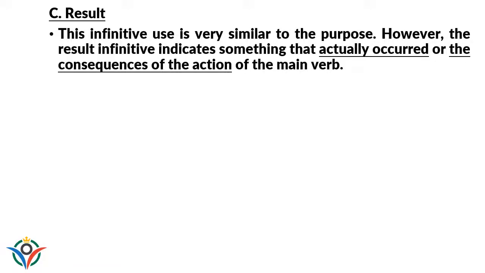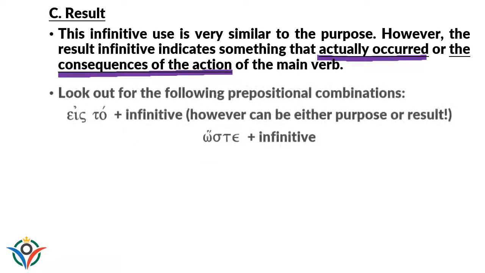Let's now take a look at the third adverbial use, the result use of the infinitive. This infinitive use is very similar to the purpose. However, the result infinitive indicates something that actually occurred or the consequences of the action of the main verb.